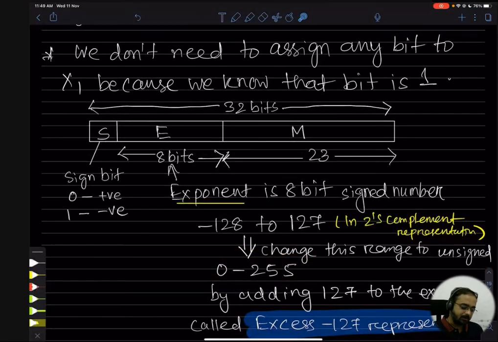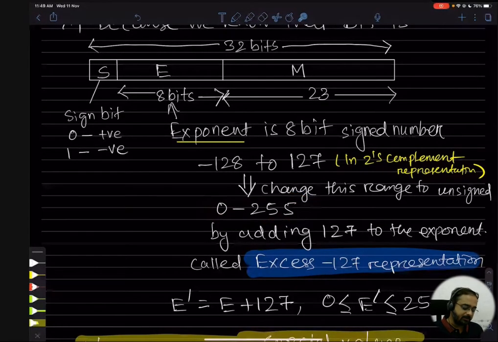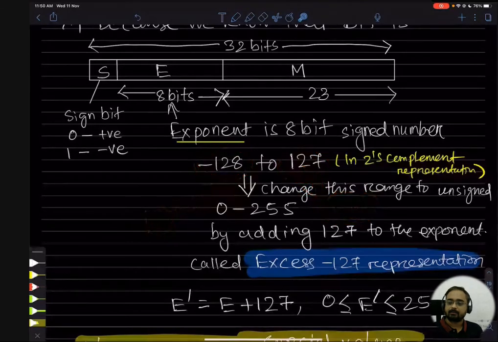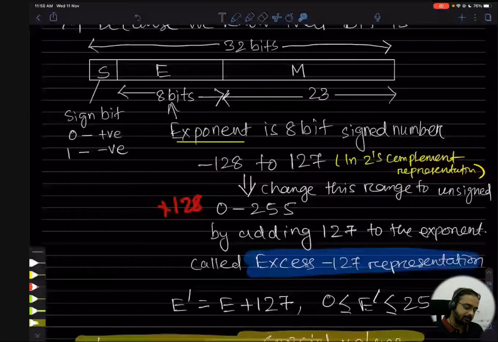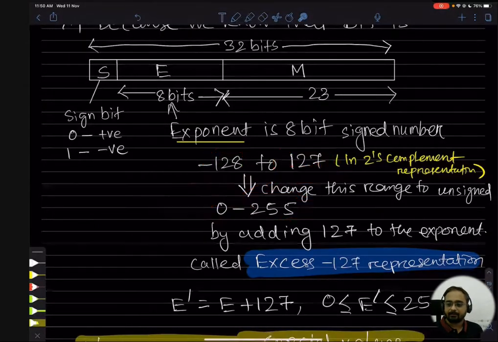If we add 128 to the lowest number it will become 0, and if we add the same 128 to all the numbers, then the highest number will be 255. So that is our idea.